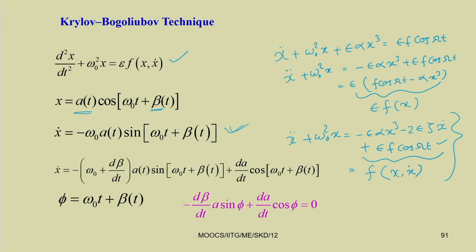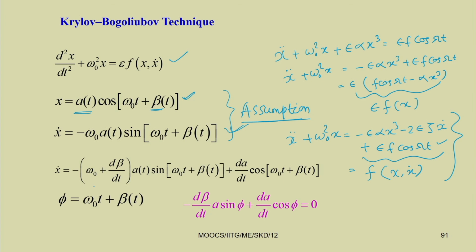You just see it is not the direct differentiation of x to get this x dot, rather it is assumed that x dot equals minus omega 0 a t sin omega 0 t plus beta t. So, these two are the assumptions in case of this Krylov-Bogoliubov technique.